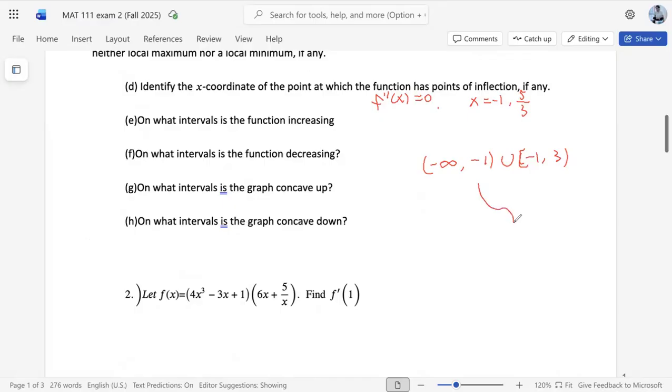Right? Before we showed it like this. Then at what interval is the function increasing, right? From 3 to positive infinity, the function increases.